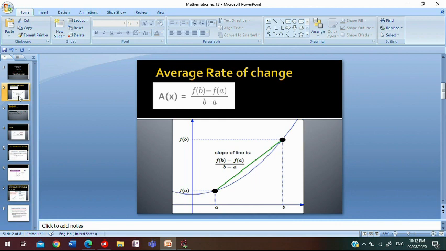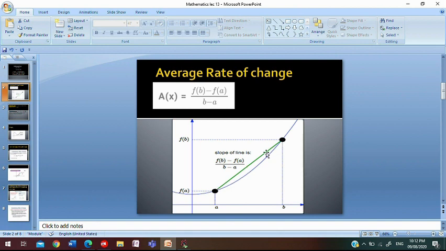So the average rate of change formula is f of b minus f of a divided by b minus a. Here you have this curve with these 2 points, and you are going to find the average rate of change between them.